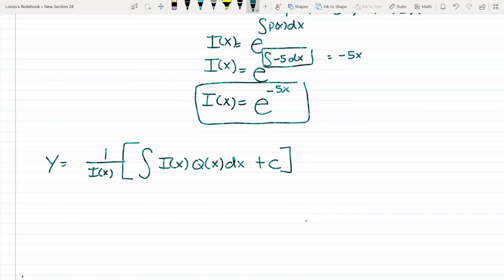Okay, so do we have our I of x? Yes. Do we have our q of x? Yes. So we just put it into the equation.